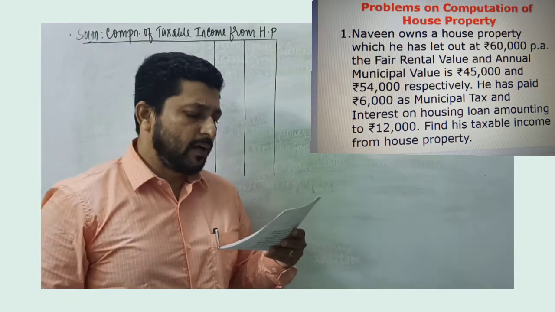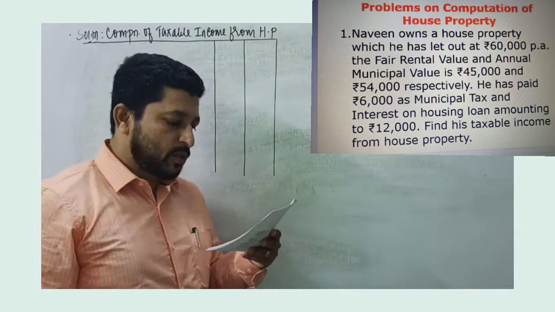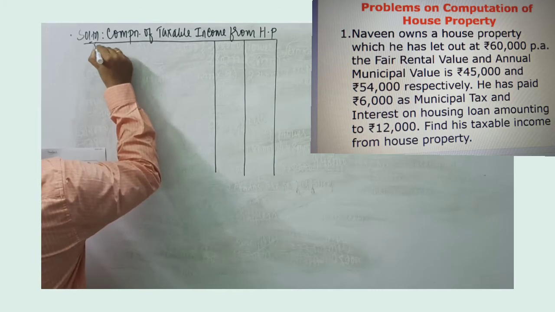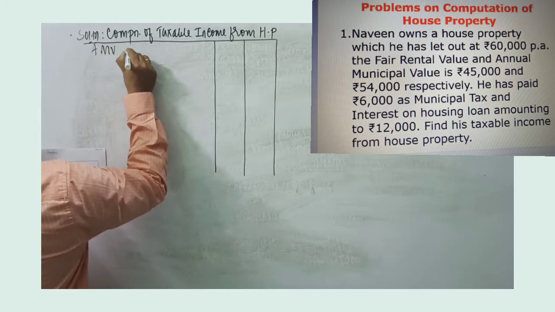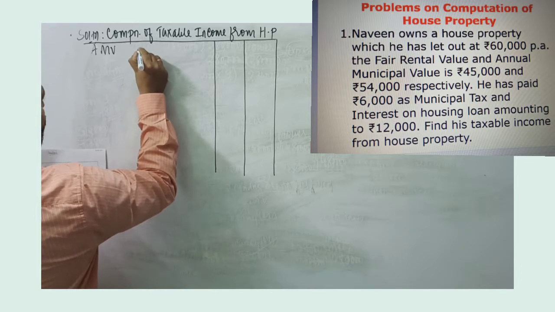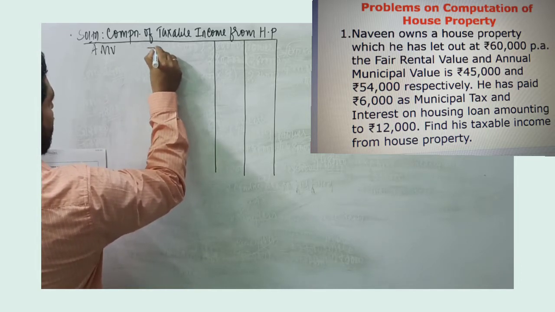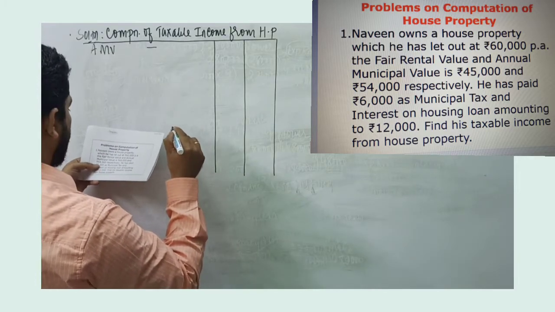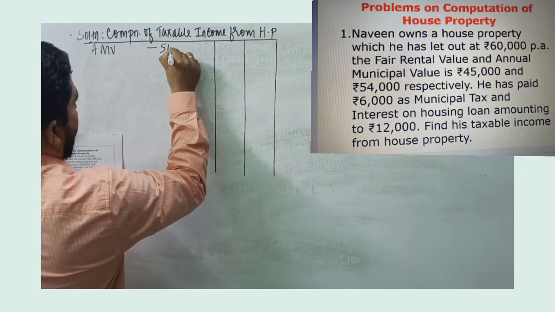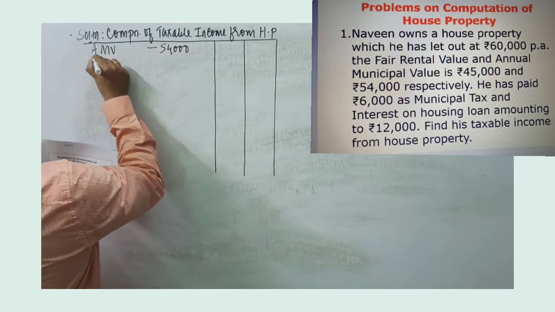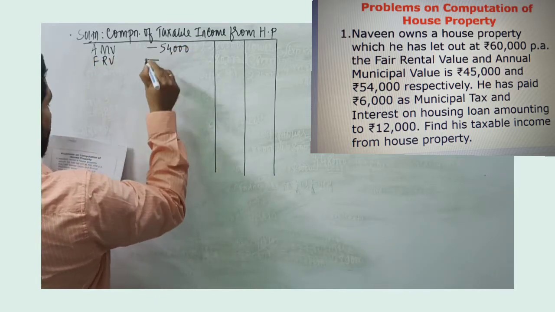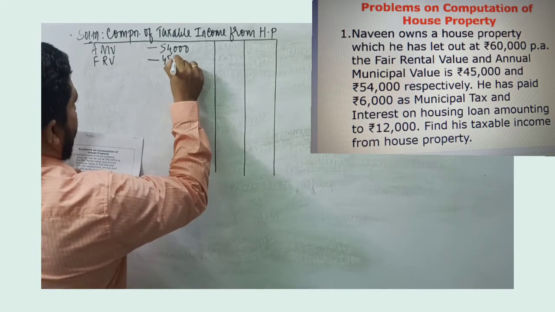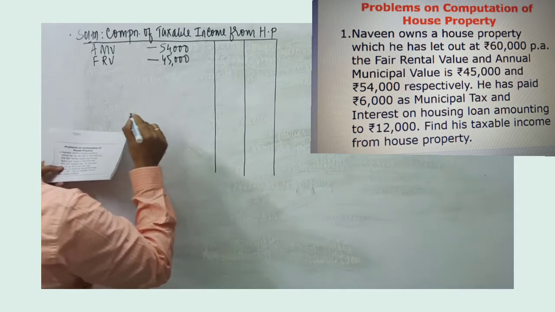Now how do we calculate gross annual value? Standard rent is not given in the problem. I record over here annual municipal value, which is given as rupees 54,000. I compare that with fair rental value, which is given as 45,000, and I take actual rent received.